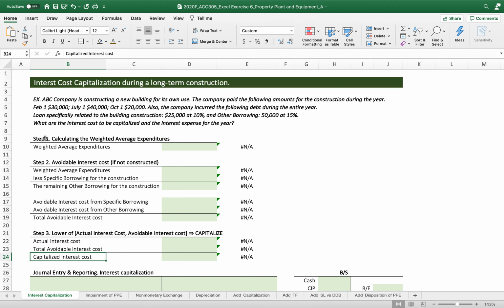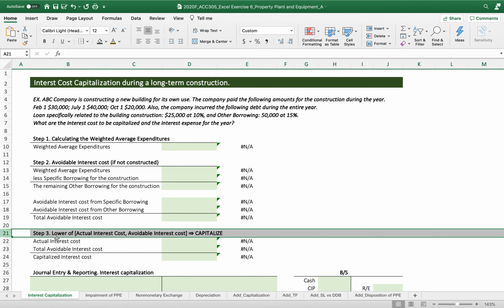So some expenditures occur in different time frames. Then avoidable interest cost: if we had not constructed, what amount would be the avoidable interest cost? Then we compare actual interest cost, actual interest expense, and avoidable interest cost in step 3, and choose the lower one, which represents the capitalized interest cost.